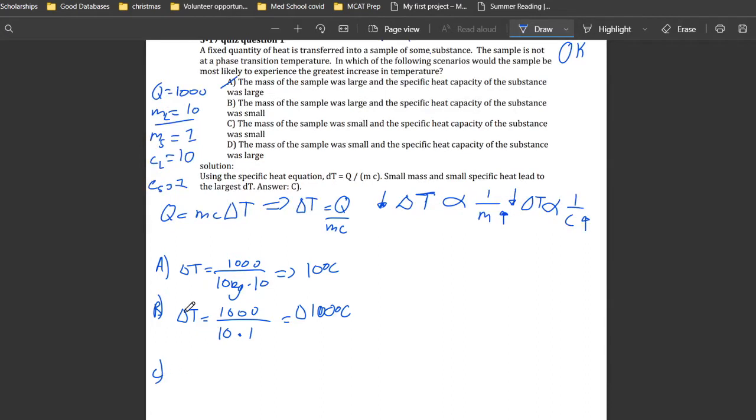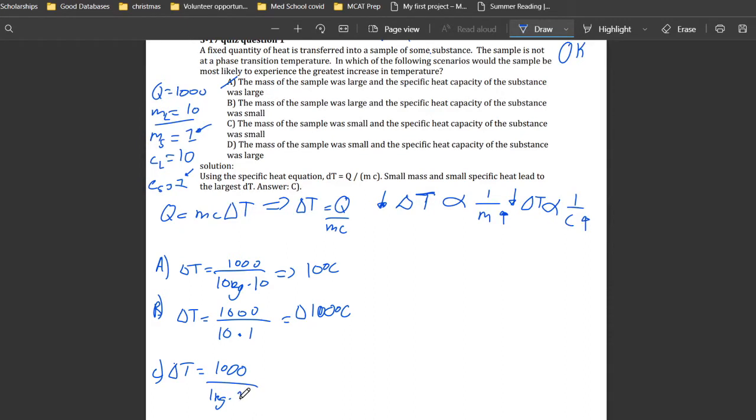Going on to C here, we see that the mass of the sample is small, so we're using the small mass sample, but the specific heat capacity is small as well. So we're using both of the small values that we arbitrarily assigned for this example. So delta T equals 1,000 divided by 1 kilogram times 1 joule divided by kilogram times Kelvin.